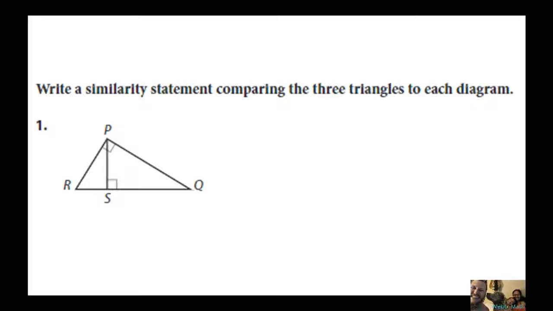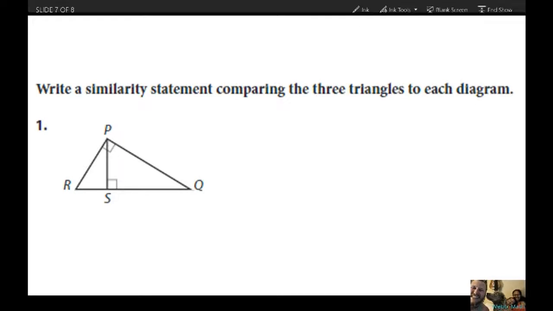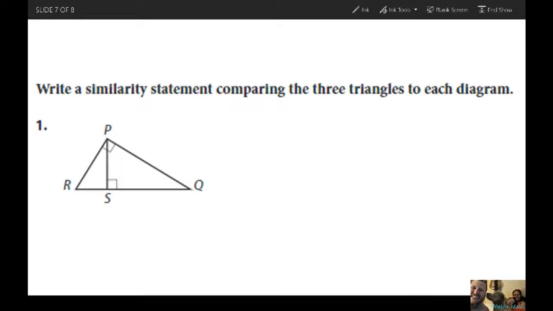All right, one key idea about similarity statements, and this is pretty important for the first 3 problems of your homework. You have 3 triangles in this one picture, okay? It's pretty dense. So let's take a look. We have 3 different triangles.